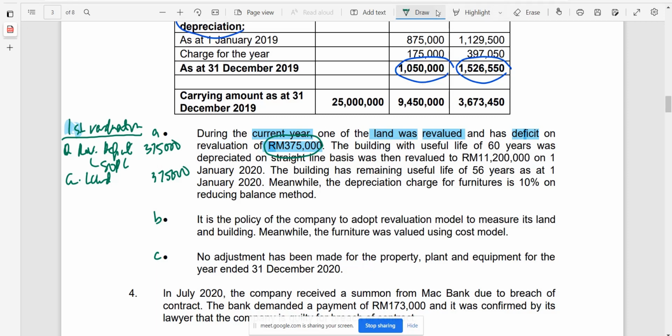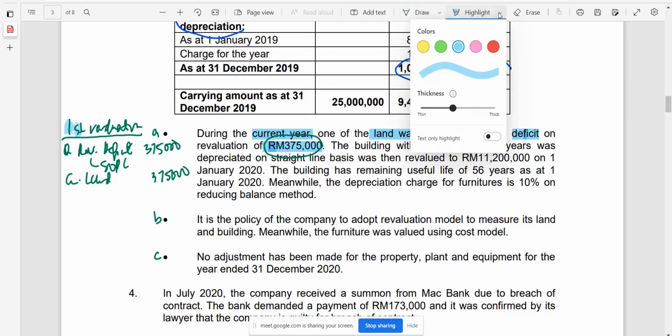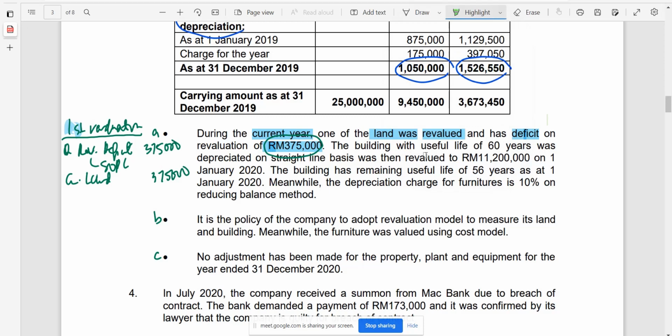Next item is about the building. Building has a useful life of 60 years. It was depreciated on a straight line basis. It was revalued to 11.2.